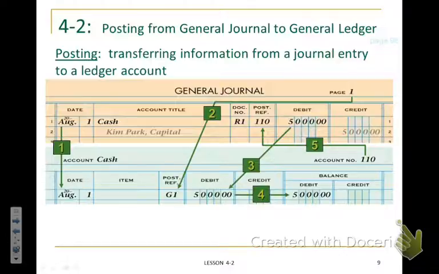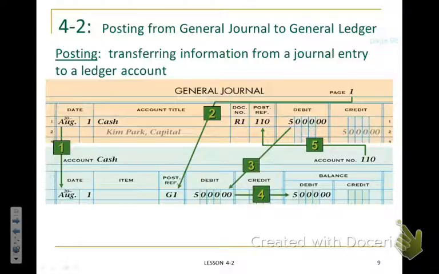So if you can see the top half of this, the top half here is our journal. The bottom half here is our ledger page. And you can see that we have the account title, you can see that we have the account number, and then you'll see in here that it corresponds, it has a date, it has what we call the post reference.